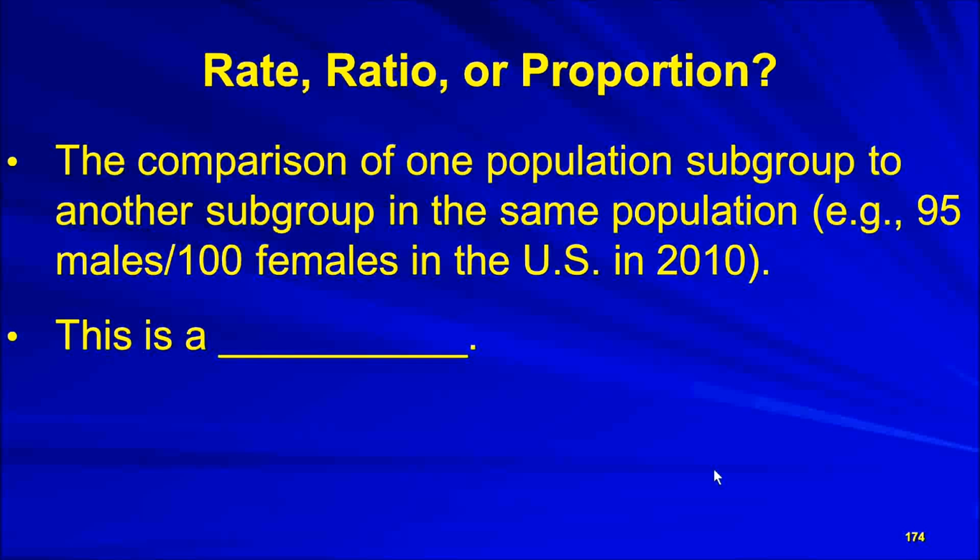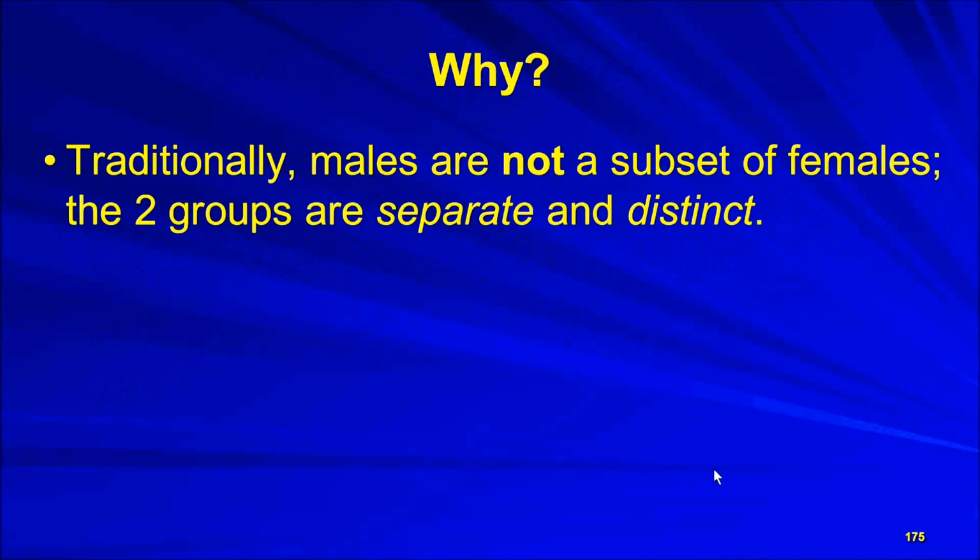Well, your answer, before we get to it, we know that you're either male or a female. In that case, what you're dealing with is a ratio, okay? Because they're separate and distinct. So that's what we have, and that's how we determine that, by looking at that example. Okay, and why?